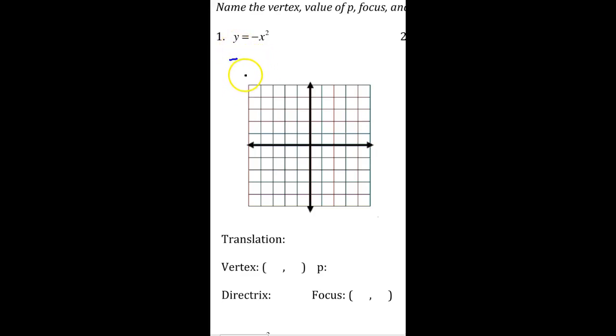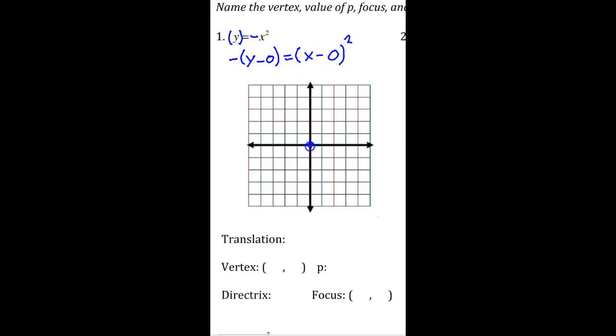format. So for instance, here we have the negative on the x squared, but in this 4p format, the negative will be in front of the y. So I'm going to rewrite this as not just negative y, but negative y minus 0, just to point out that the vertex, when there are no numbers being added or subtracted, is going to be 0, 0, which means this starts at the origin.